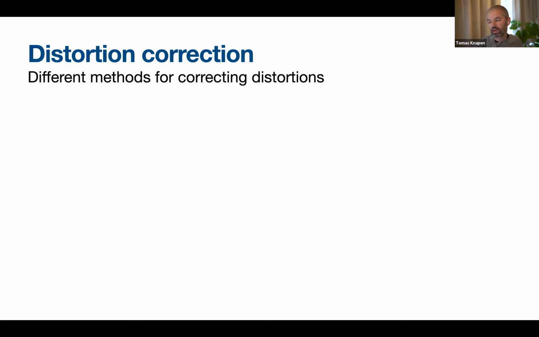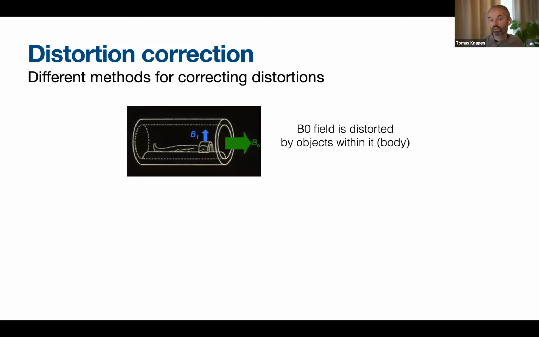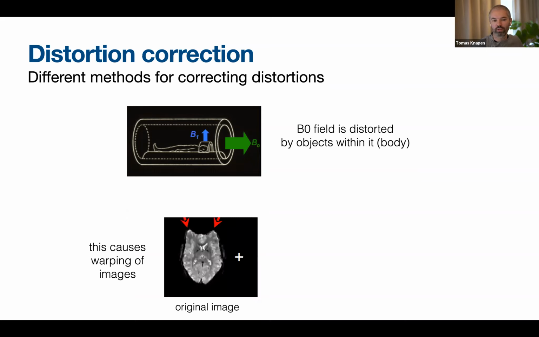Depending on how the B0 field is distorted, and it's already distorted if you put someone in the scanner, that's going to warp our representation of space. So we think that space is linear, but because of these distortions in the magnetic field, it's not. This is something that we have to realize and work around, because when you think that something is linear, but it is not under the hood, you get warpings of images.